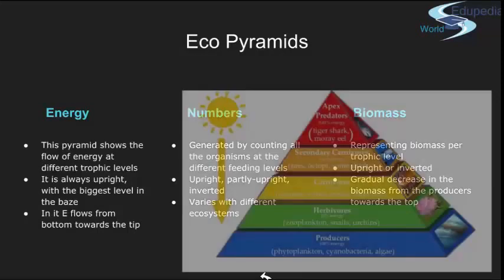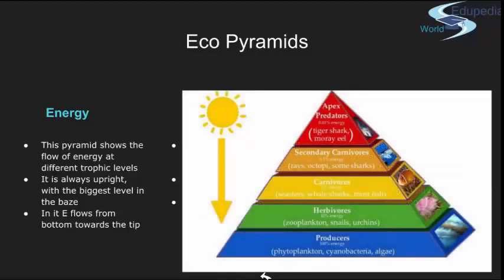So the energy pyramids are always sloping because less energy is transferred from one level to the next higher one, all the way till the top.